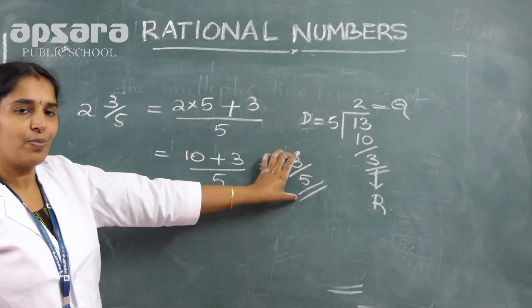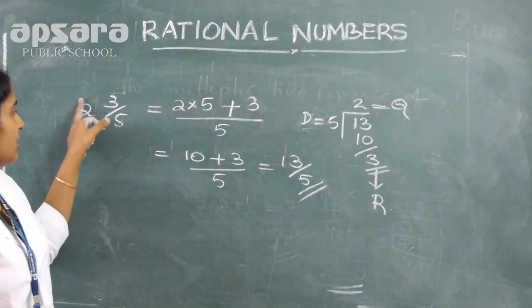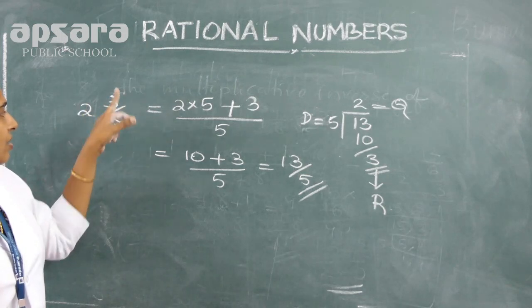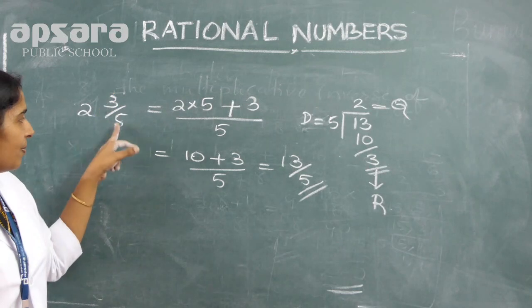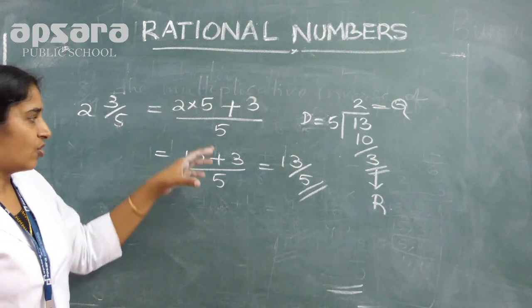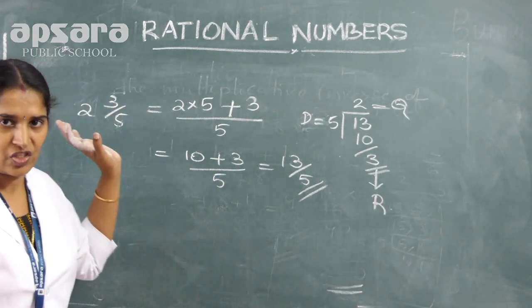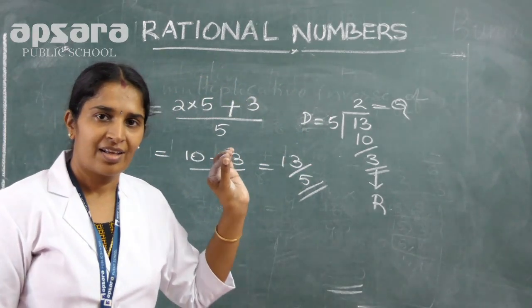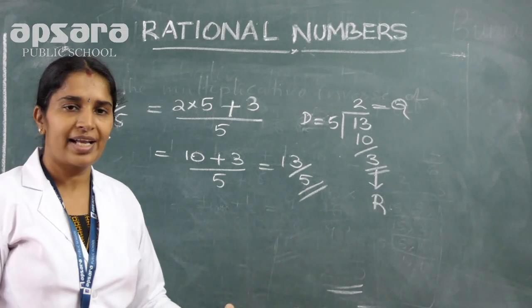So how is an improper fraction written in the form of a mixed fraction? Quotient, remainder by divisor. This is how you convert improper fraction to a mixed fraction. Okay? Do you know what is an improper fraction and a proper fraction?